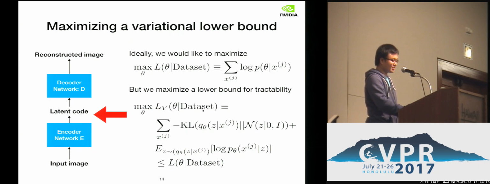The lower bound is like the following: you have the likelihood term, and you want the conditional distribution to be similar to a normal Gaussian distribution with zero mean and unit variance. And it can be shown that this objective function, the sum of the minus KL divergence term plus the likelihood function, lower bounds the likelihood term that we would like to maximize in the first place.